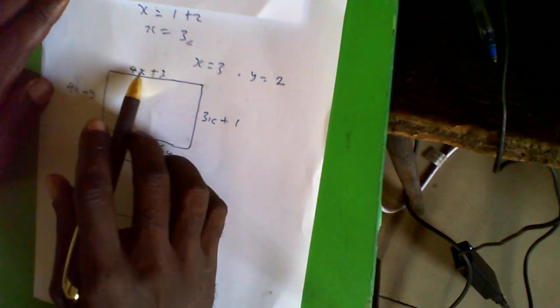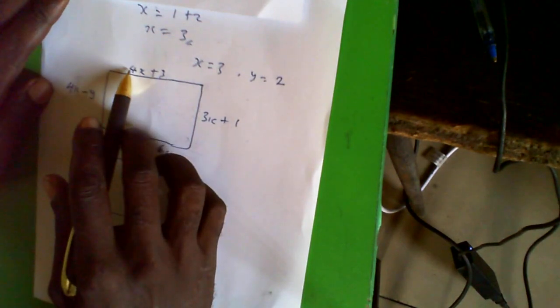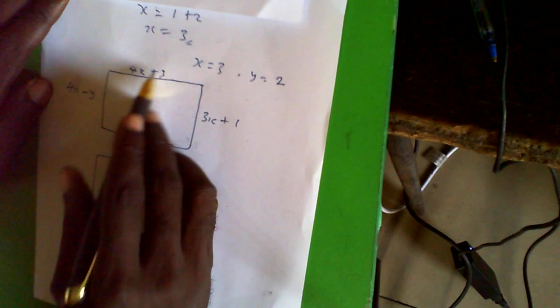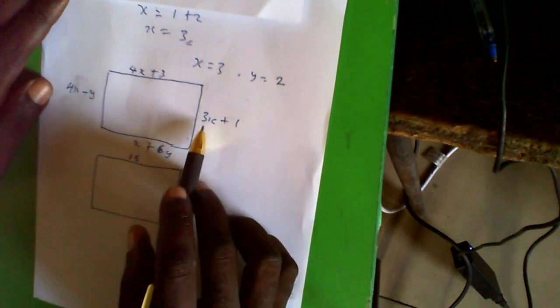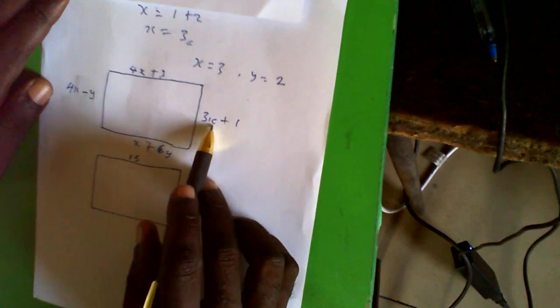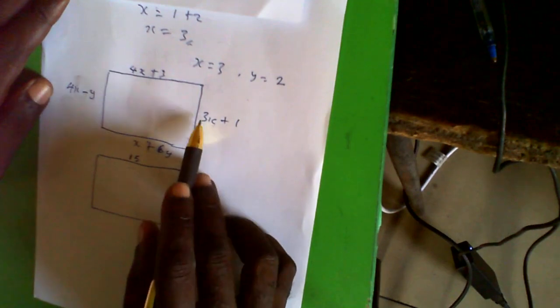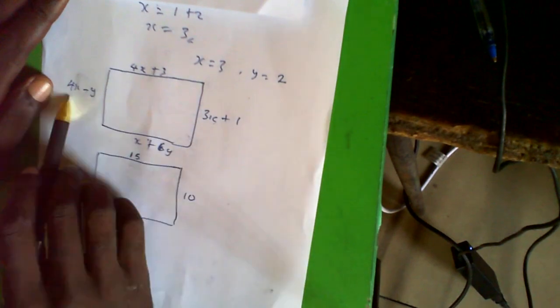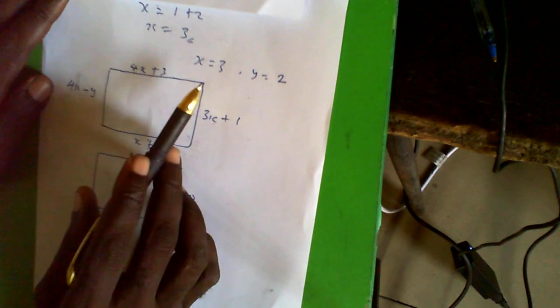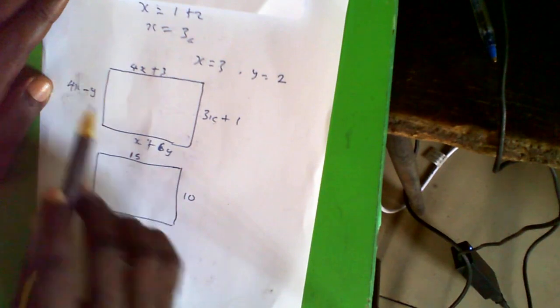For 4x plus 3, our x is 3, so 3 times 4 is 12, plus 3 is 15. Now 3x plus 1: x is equal to 3, so 3 times 3 is 9, plus 1 is 10. Now 4x minus y: x is 3, so 3 times 4 is 12, y is equal to 2, so 12 minus 2 gives us 10.